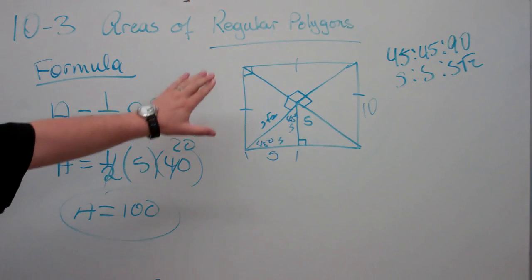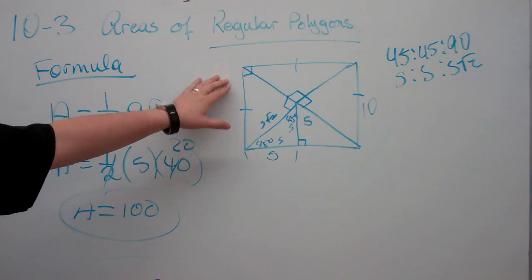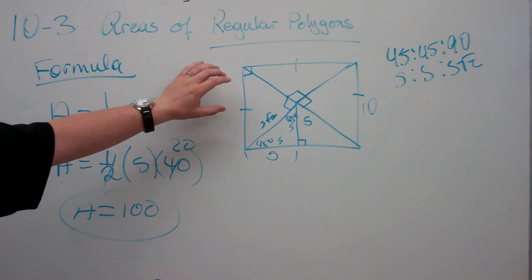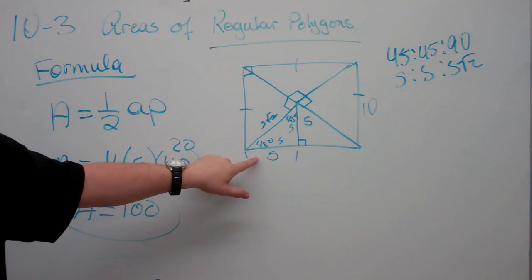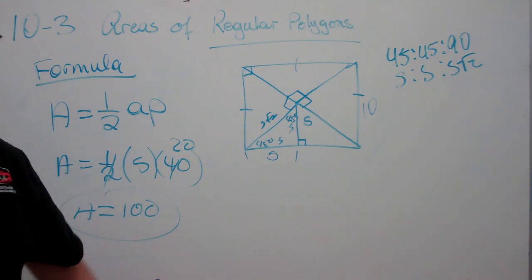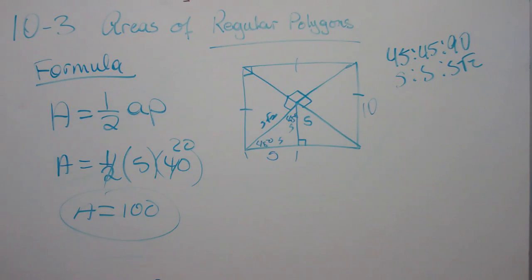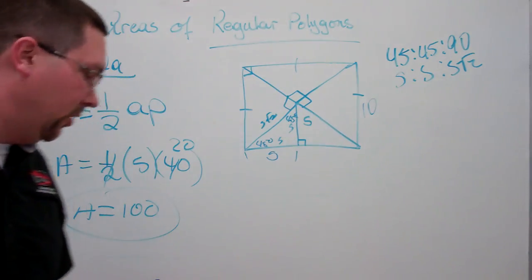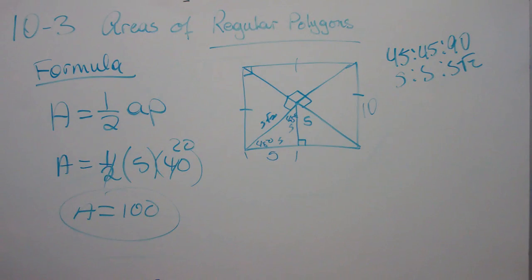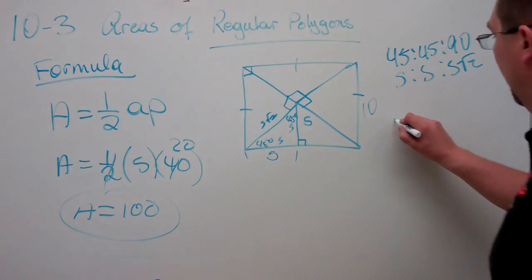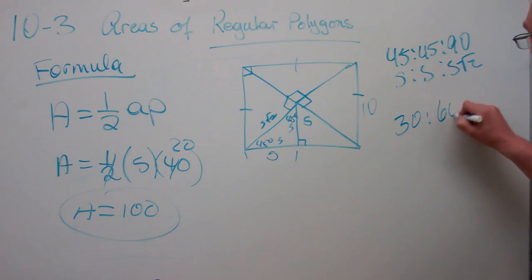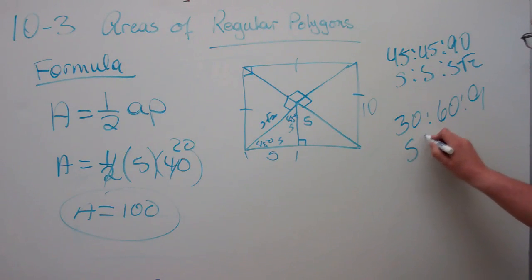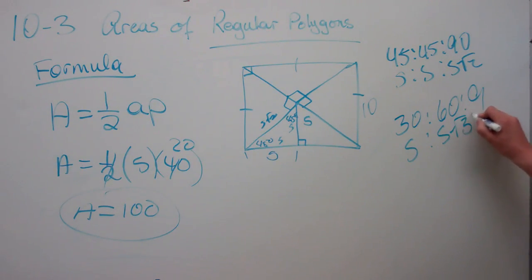Later on, in like 10-7 or somewhere, I forget the exact number, they won't come out to 45-45-90 triangles, so that's when you'll need to know your trig. But for now, make sure you're strong in the two types of special triangles, 45-45-90 and 30-60-90. Remember, the ratio for a 30-60-90 is s, s times the square root of 3, and 2s.